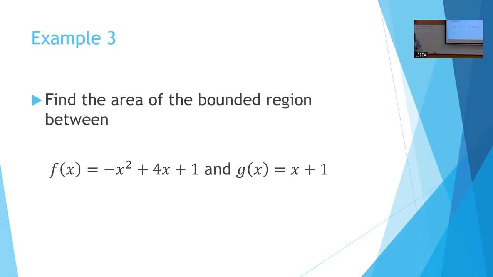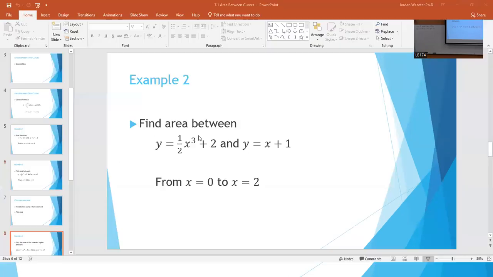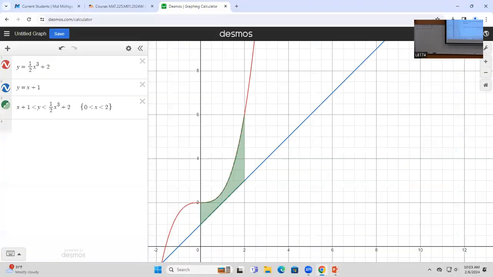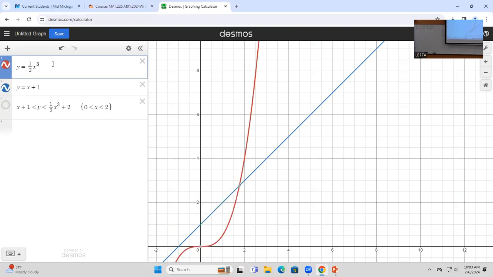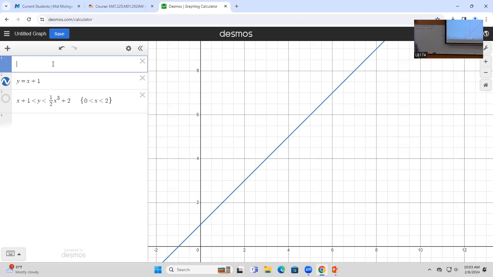We still have to graph it and see which one's on top. So let's go ahead and do that. Again, you could do this with your graphing calculator as well. I'm just doing it on Desmos because it's a little easier to project that way.